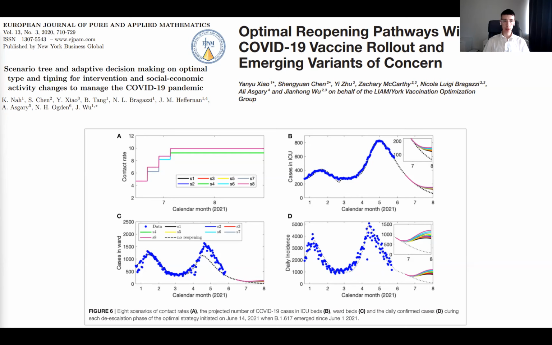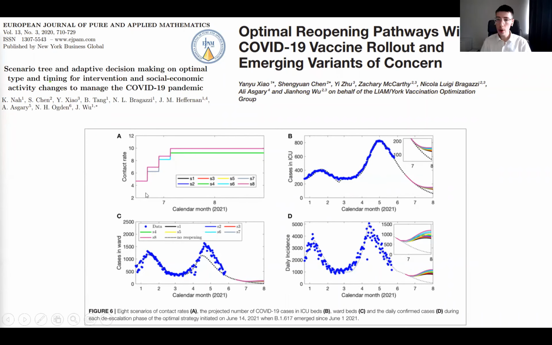And this was done in 2 seasons, in 2020 and 2021, to maximize the social and economic activities while not overwhelming the healthcare capacity. So we use the ICU as a proxy. That was the key target for us. And we minimize the intensity of social contact lost.